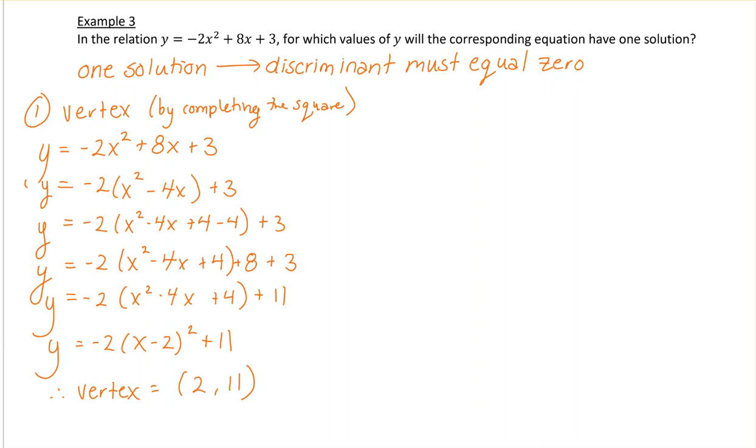If you complete the square, as you can see right there, the vertex you get is 2, 11.